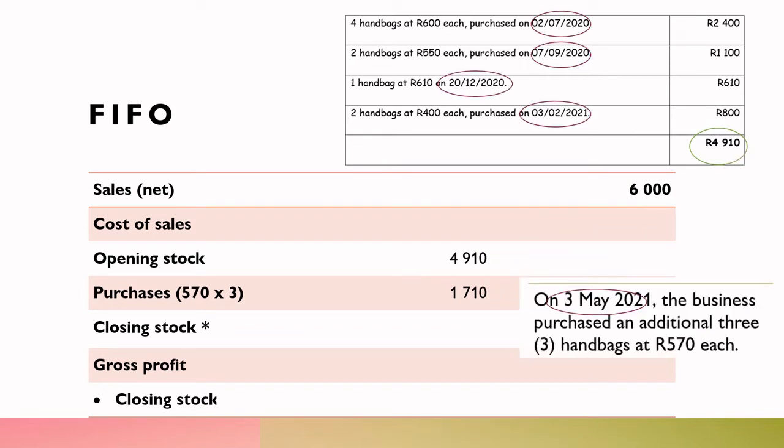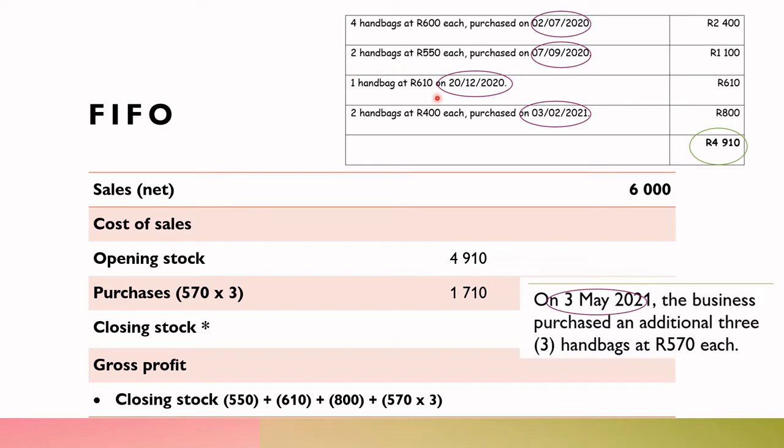So looking at those dates of purchasing, we purchased these 4 handbags first, then those 2, then the 1, then those 2, and then lastly these 3. So we are going to start selling from first in to first out. Therefore, only one of these 2 handbags will be added to our closing stock.